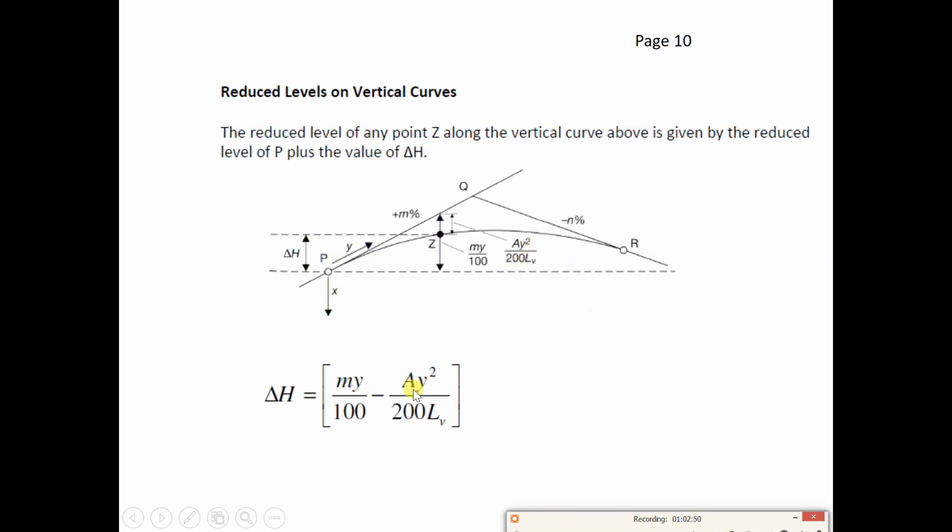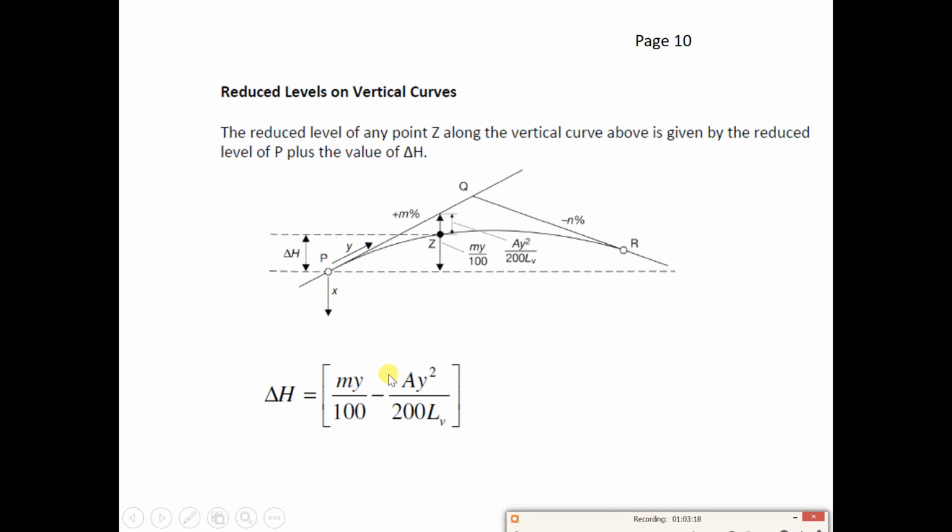So the delta h will be all this one. This is the delta h at this point here. So that will be the difference between these two terms. Because this term is up there, and then the whole thing is my divided by 100. So your delta h should range from 0 and then increase, then decrease.